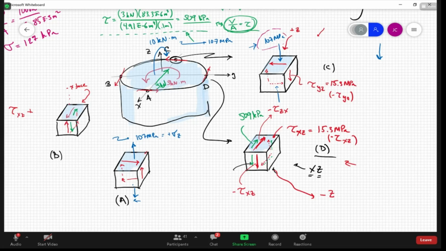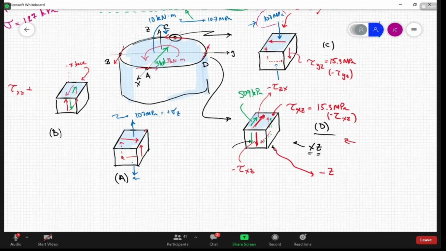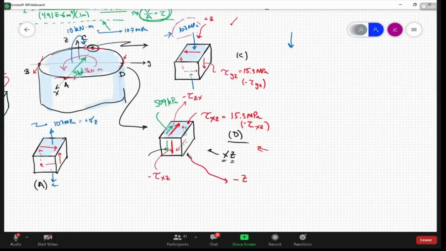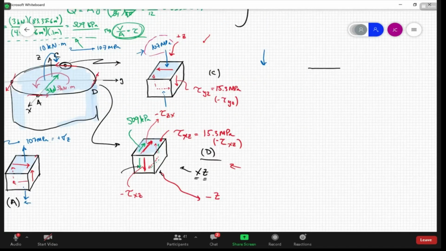All right, so we're not quite there yet. I mean, we basically are, but we should get the proper answer, okay? Here's how the answer should be reported. At point C, this is what you should draw. Here's the little chunk of material, and I would draw the actual components on it.